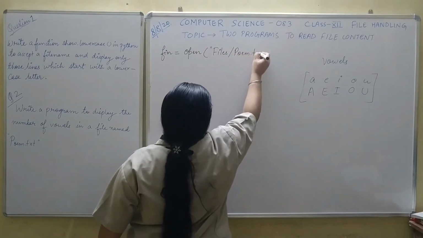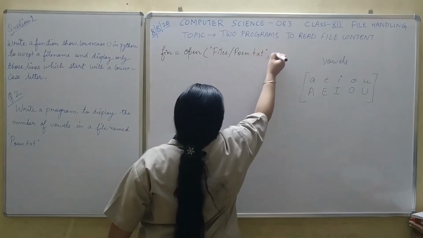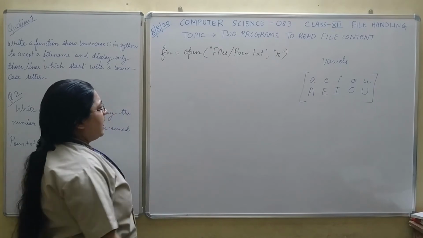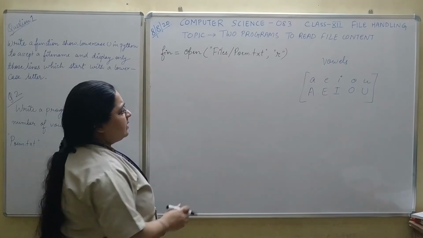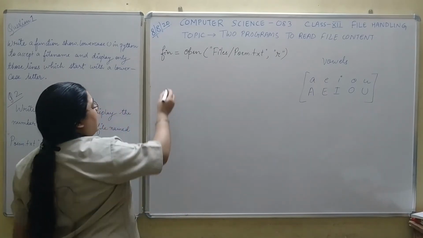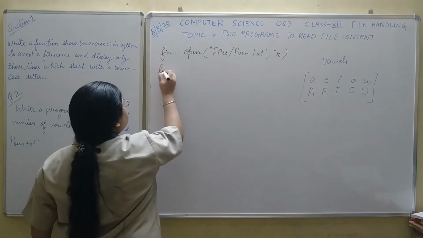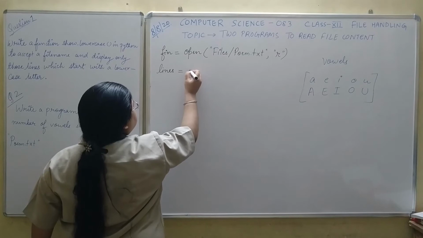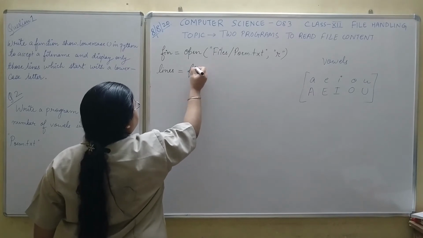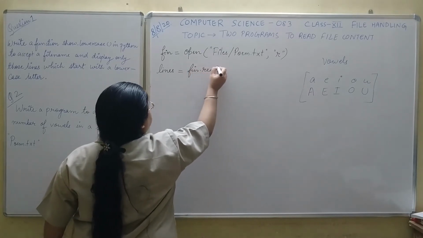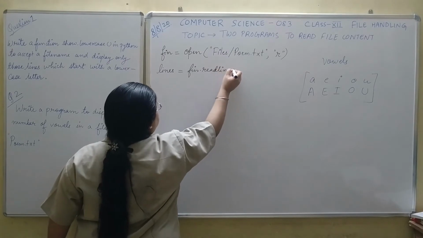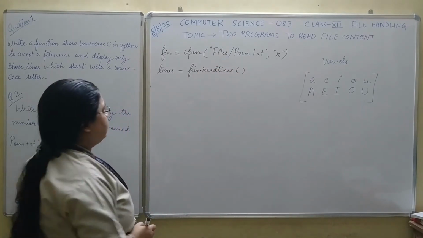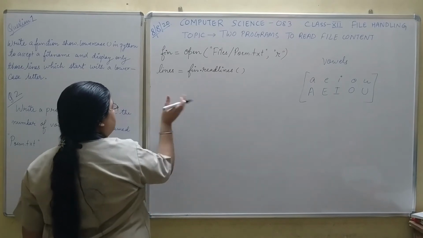The third type and the R file mode. And now what I am going to do is, for convenience sake, I am going to read all the lines. Fin.readlines. So I have read all the lines of the file.